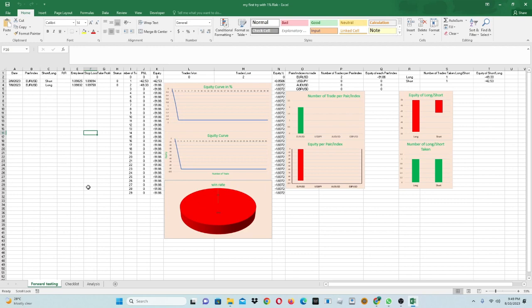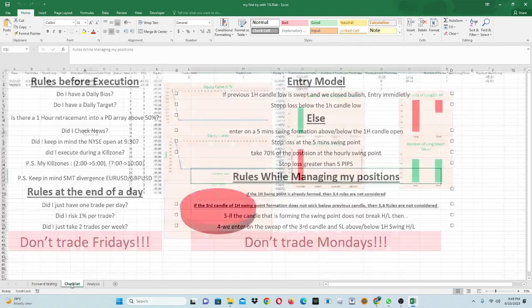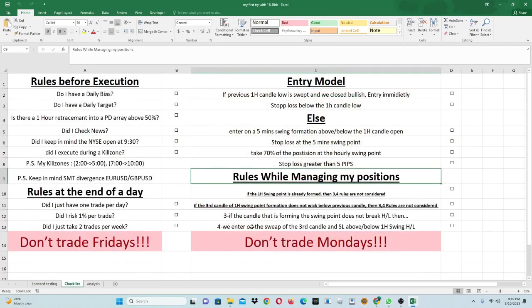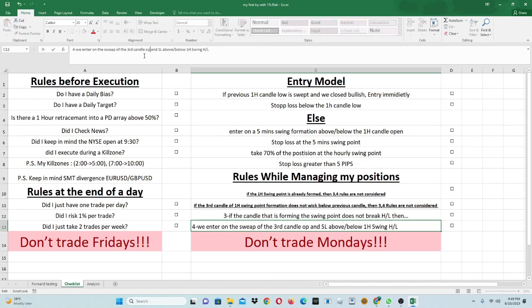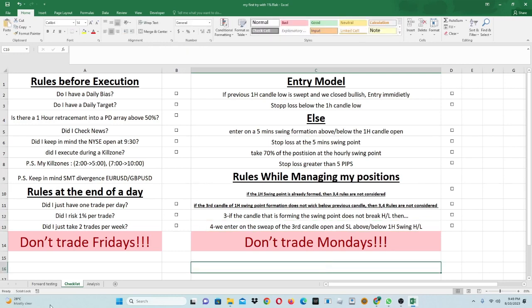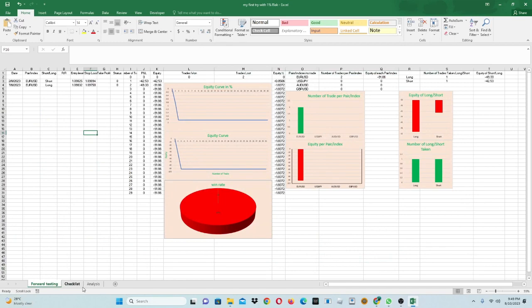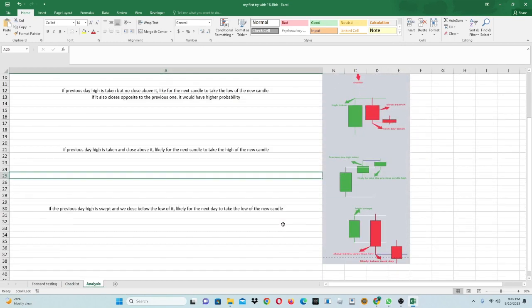I didn't take any trade yet on my challenge account because I'm working on my checklist. I think that my checklist is okay: sweep of the third candle, open. So I'm working on my analysis too.